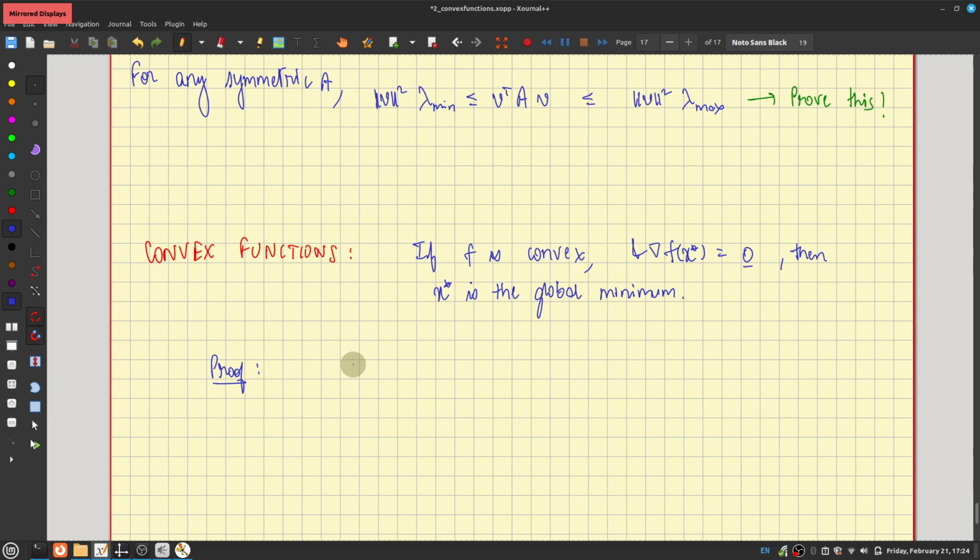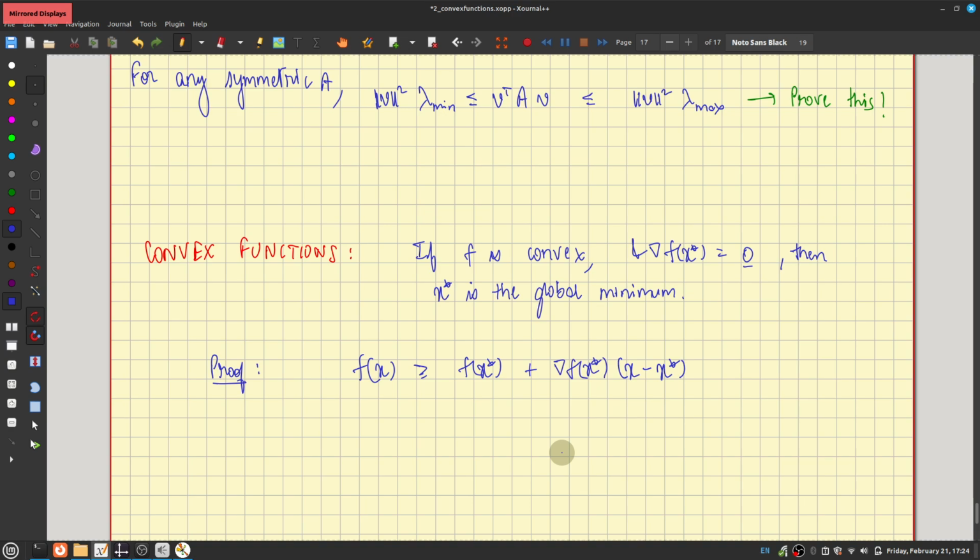Yep, you just use the first order condition. You know that for any x, f of x is greater than or equal to f of x star plus gradient f of x star times x minus x star.